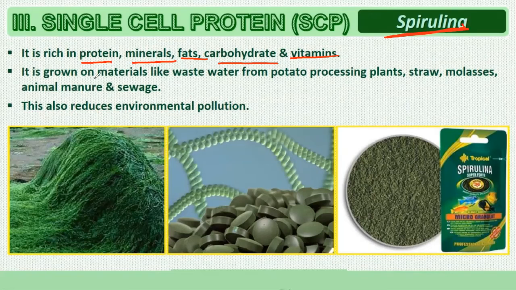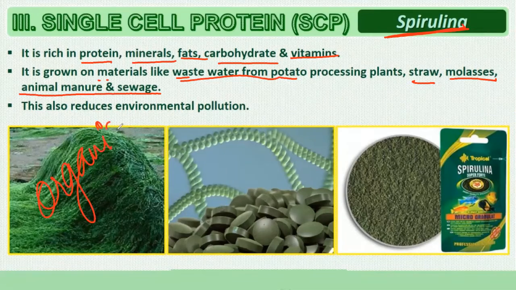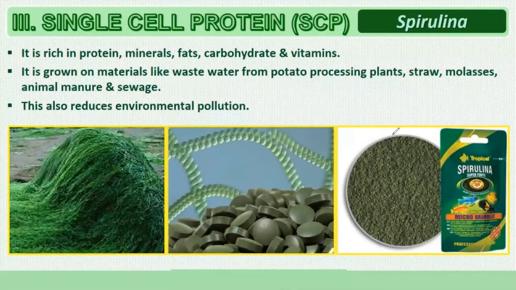Because it is grown on materials like waste water from potato processing plants, straws, molasses, animal manure, and sewage. So it can be grown on organic waste or residue. Spirulina also reduces environmental pollution. So these are the advantages of using Spirulina as SCP.